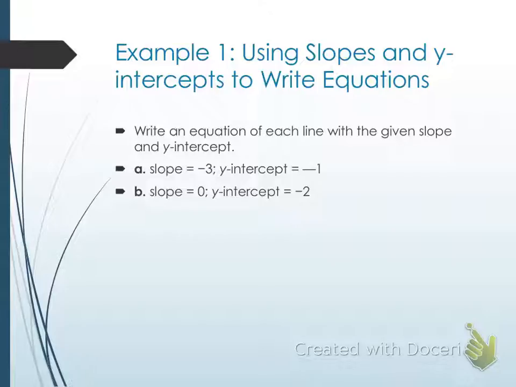So in our first example here, we're going to use slopes and y-intercepts to write equations. It asks us to write an equation of each line with the given slope and y-intercept. Remember, we're just doing the whole y equals mx plus b. Slope, y-intercept.